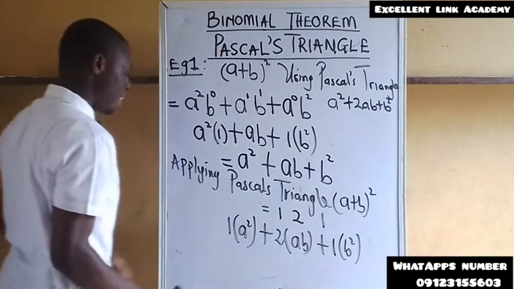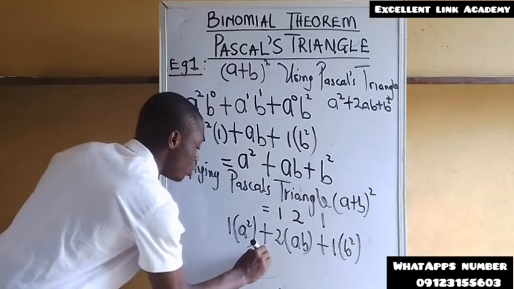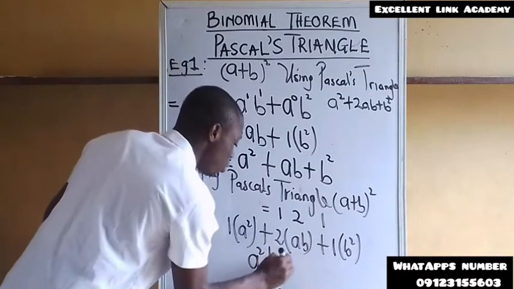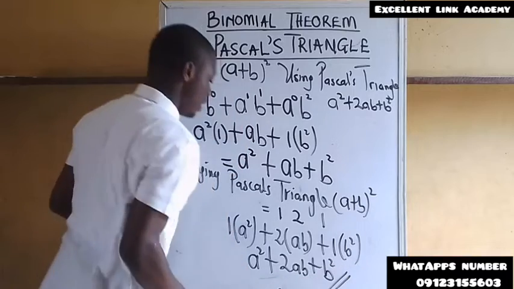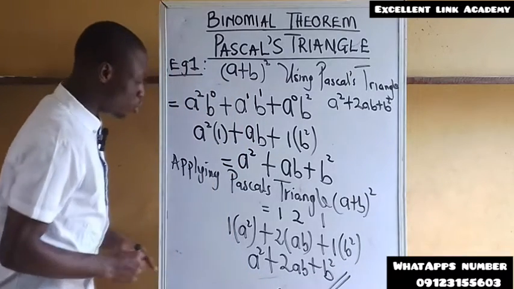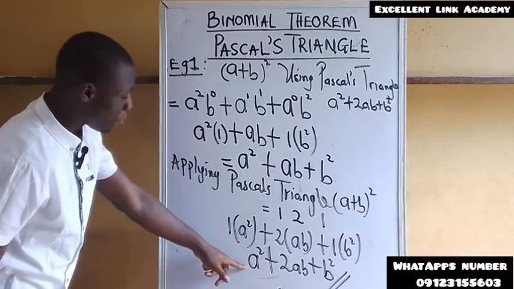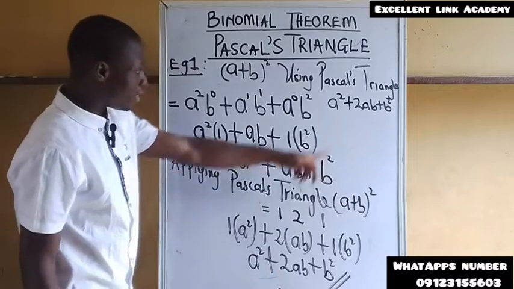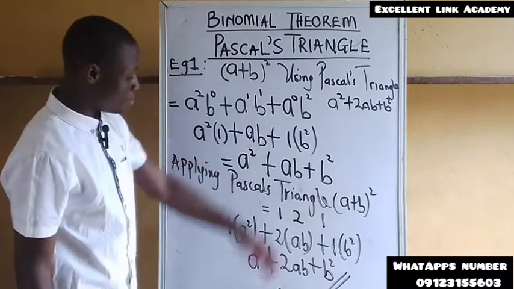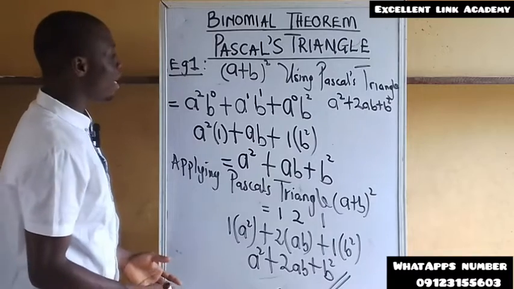So at the end, I'll be having A squared plus 2AB plus B squared. Here is my answer after expansion using the idea of Pascal's triangle. If you observe, when we used the general method, we had the same answer as our previous example. So here is the idea behind Pascal's triangle.